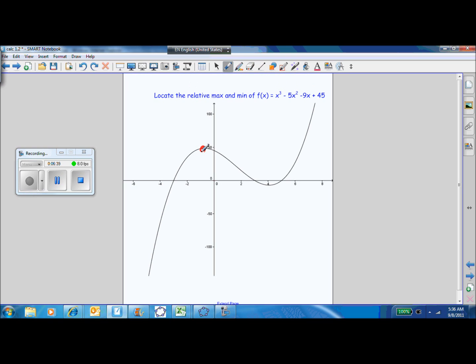Right about there, we go from increasing to decreasing. So that's a relative max. We keep decreasing after that point until we start increasing again. So down here somewhere, maybe around 4, is a relative min.